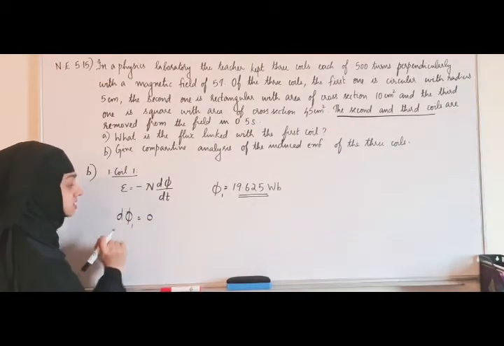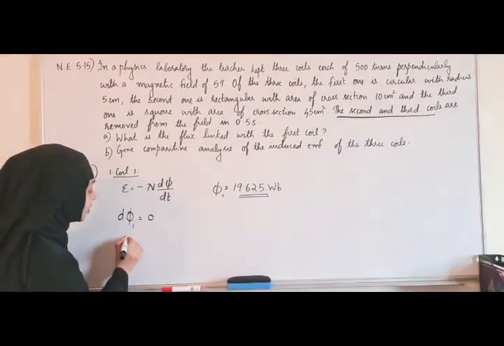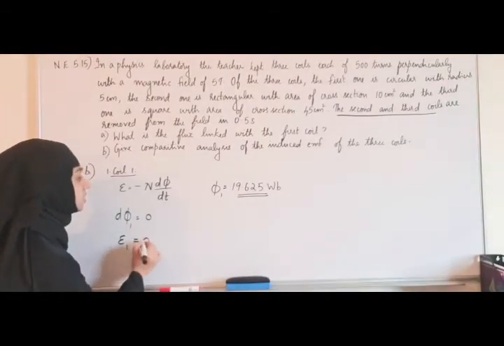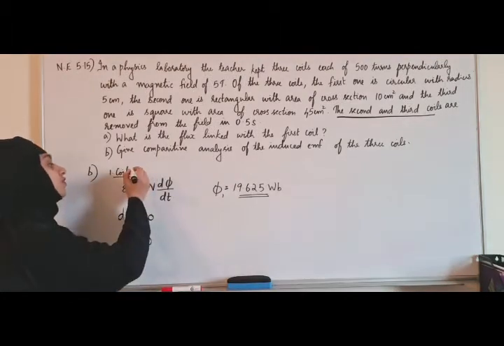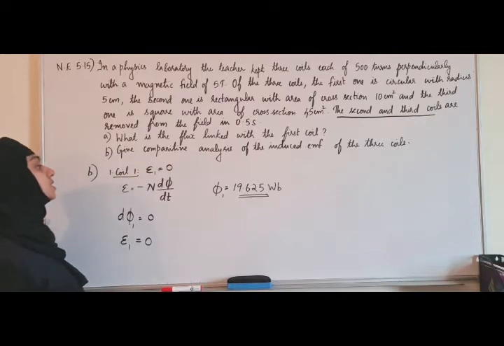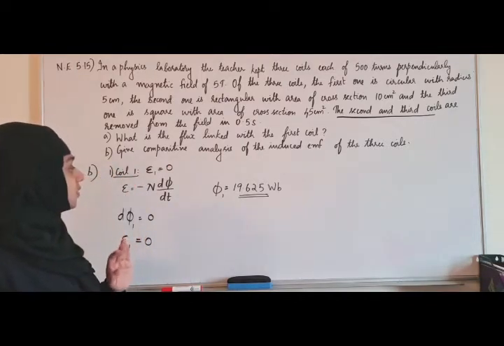Therefore, EMF induced in the first coil is equal to 0. So, for coil 1, the induced EMF is equal to 0. So, we got E1 is equal to 0.